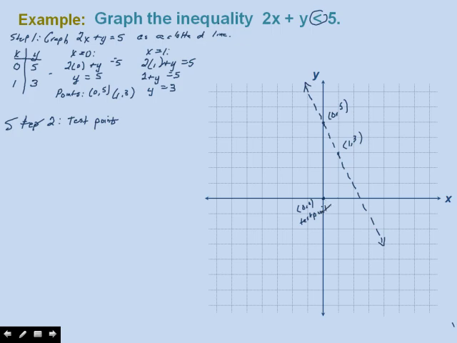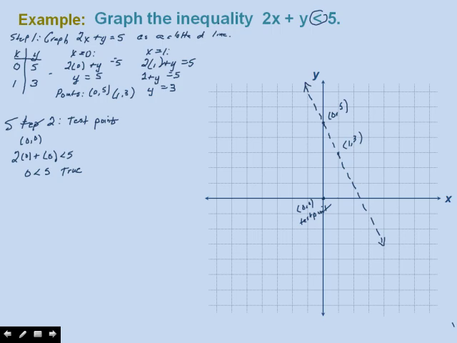So we're going to determine whether the point (0, 0) is a solution of our inequality. It means we're substituting 0 for x and 0 for y in our inequality. That gives us 0 plus 0 on the left side, and we still have 5 on the right. Well, 0 is less than 5, so this is a true statement.